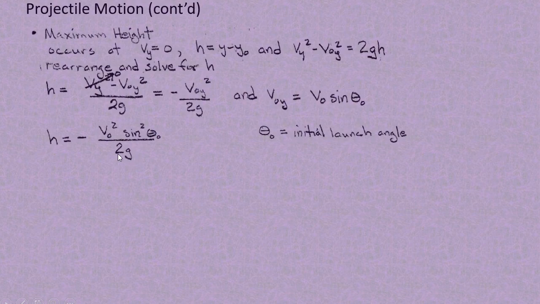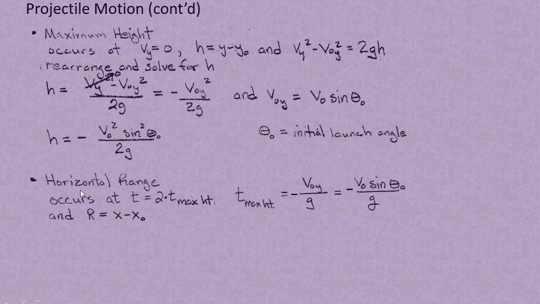Now, in some textbooks, they'll express g as positive 9.8 instead of negative 9.8, and when they do that, this negative sign goes away. So if you see this formula, and it may be in your reference sheet this way, where the negative sign is missing, that's because they're treating the acceleration due to gravity as a positive number and not a negative number. And then, of course, theta sub naught is just the initial launch angle.